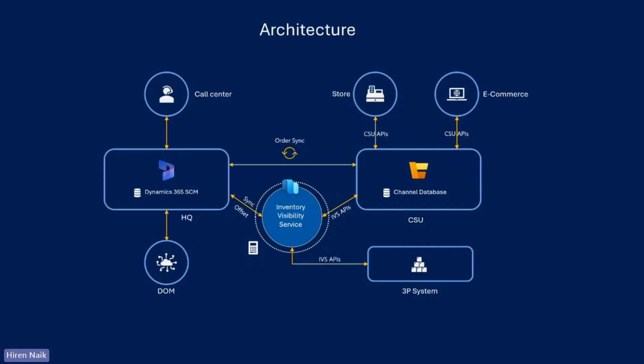So you also have the ability within back office itself to check the inventory on hand from inventory visibility service. So out of the box, inventory visibility service caters to multiple scenarios for order creation, order fulfillment, and getting an accurate view of inventory across different channels when the orders are being received.